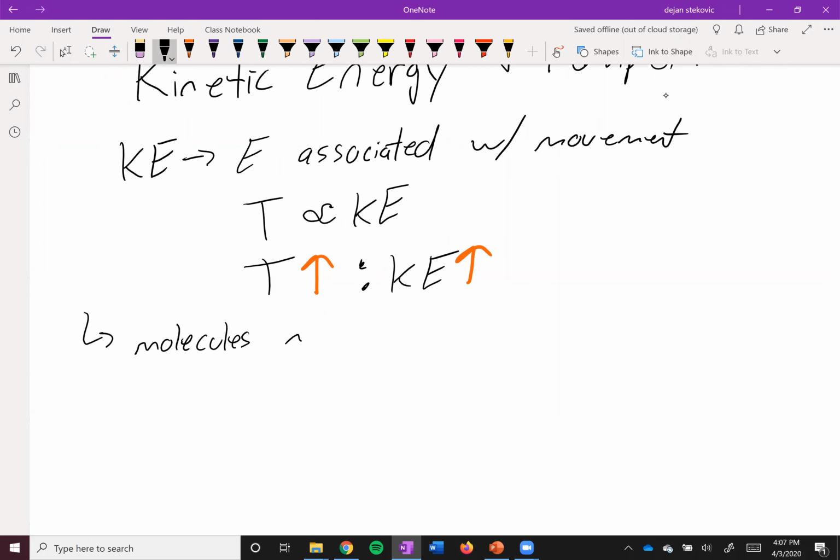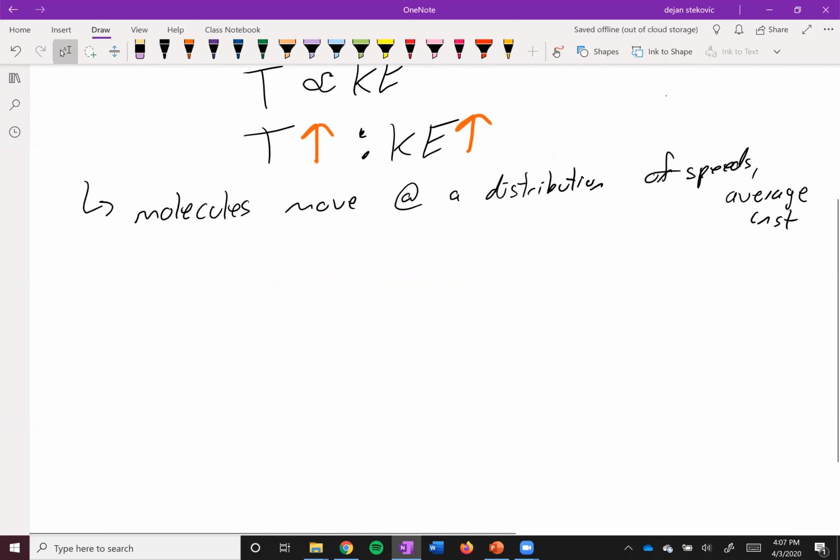So molecules move at a distribution of speeds. But overall, the average is going to be constant if you're staying at the same temperature.